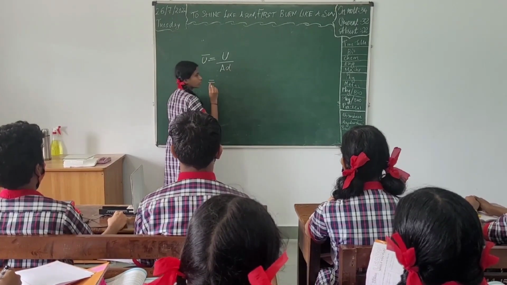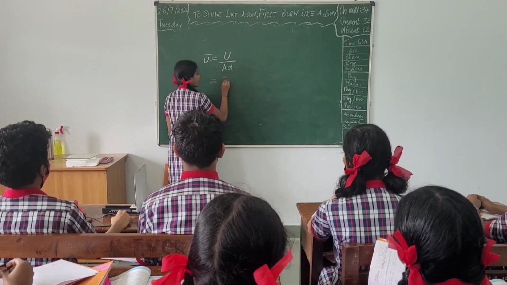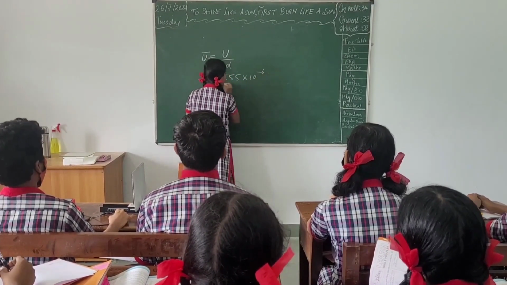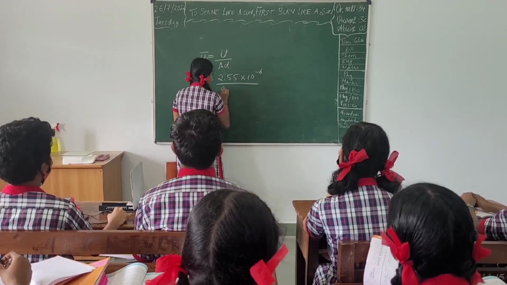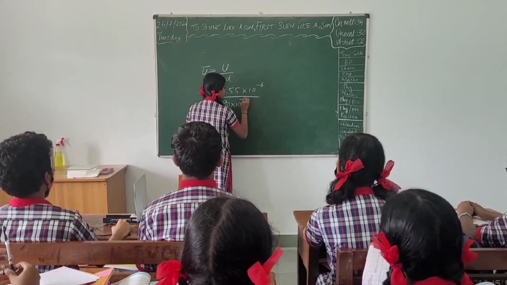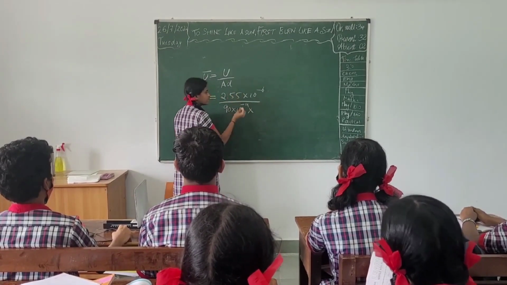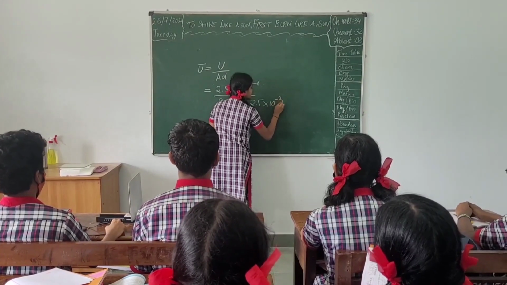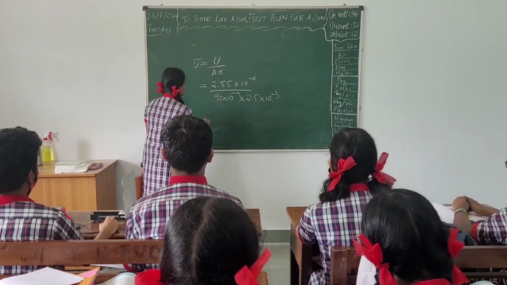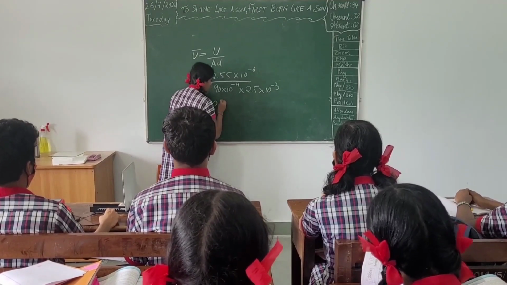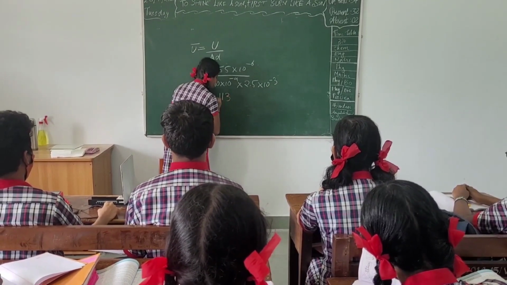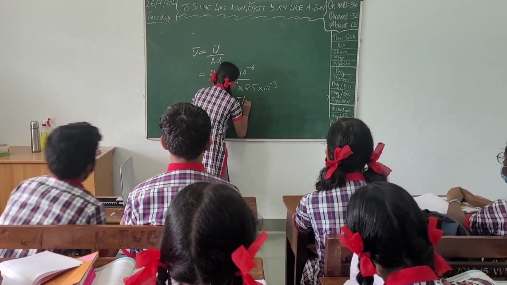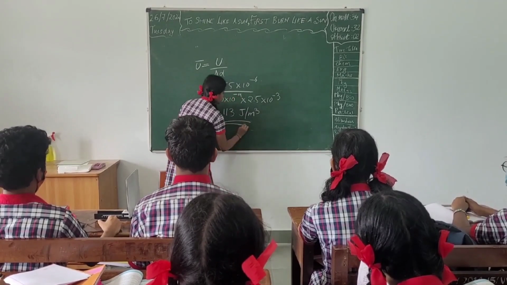So the total energy is 2.55 into 10 raised to minus 6 divided by area 90 into 10 raised to minus 4 into distance 2.5 into 10 raised to minus 3. So we have to calculate the values. We get 0.113. What will be the units? Joule per meter cube. We get the value in joule per meter cube.